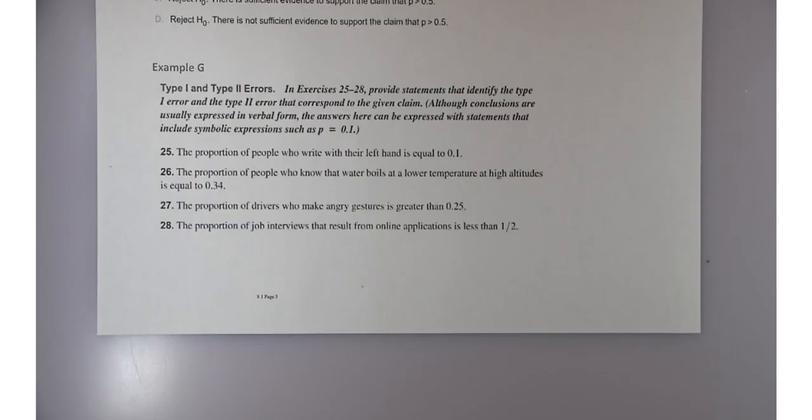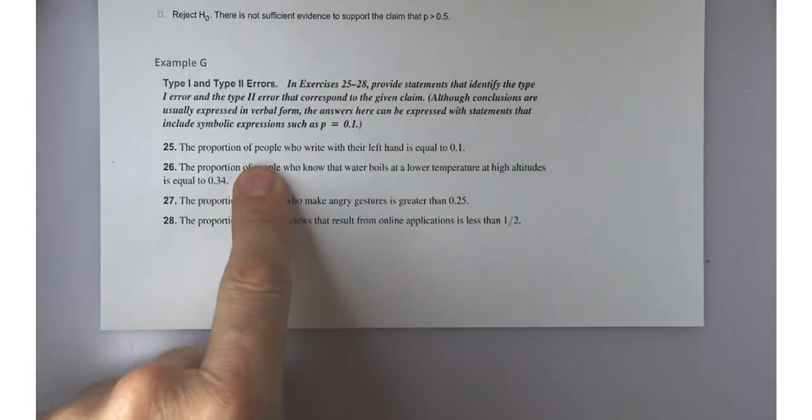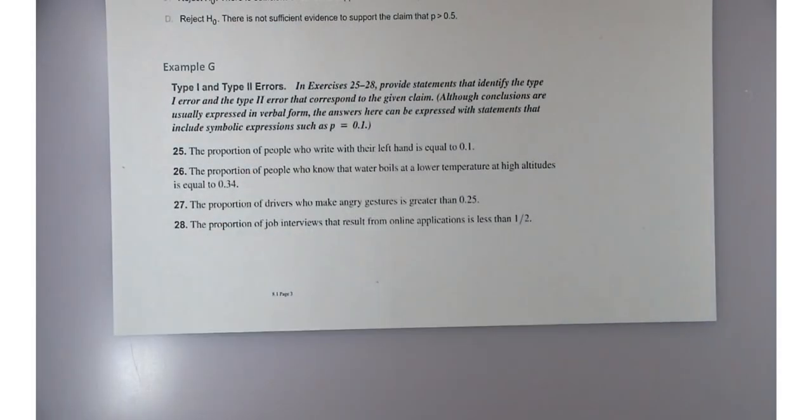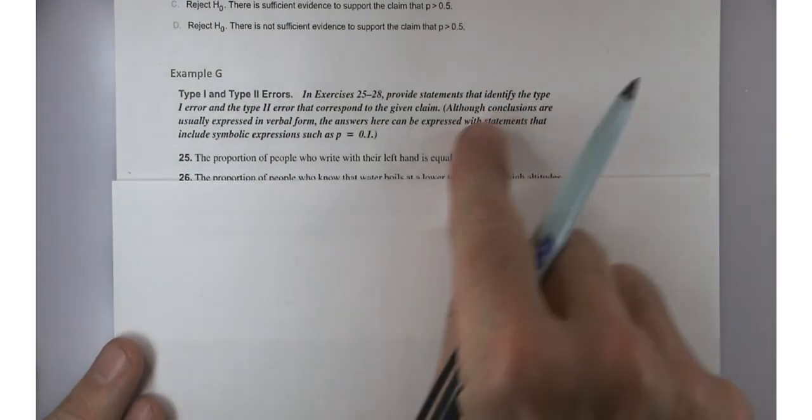But let's see what that says. What does a type 1 and type 2 error mean in this case? Now to get started, we're going to start with writing down the null and alternative hypothesis that go with this. That's where we're going to need to begin.